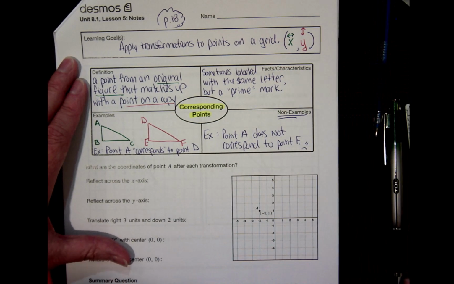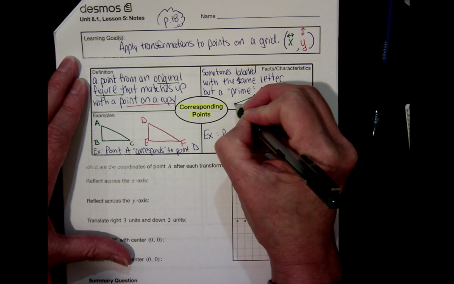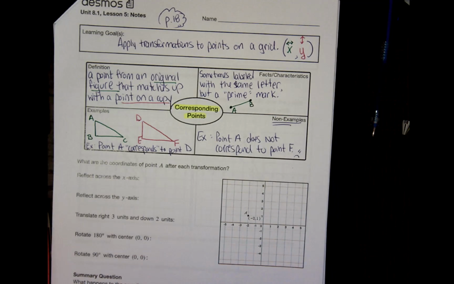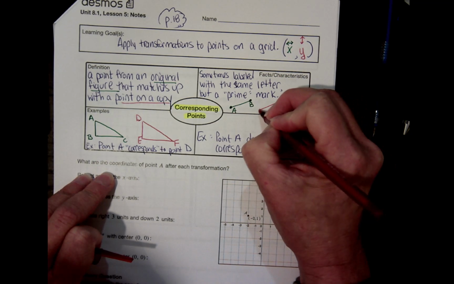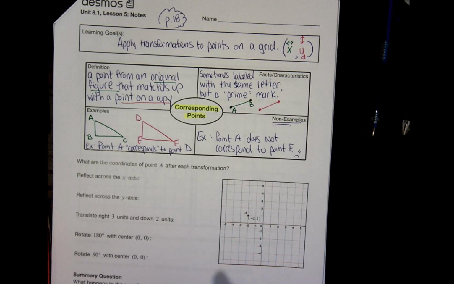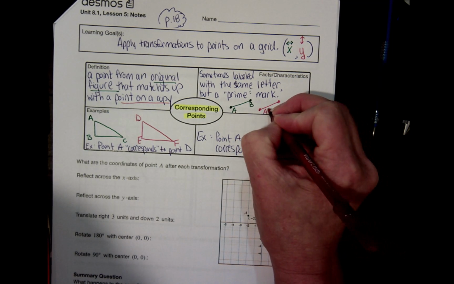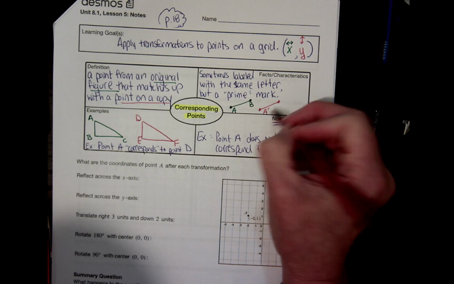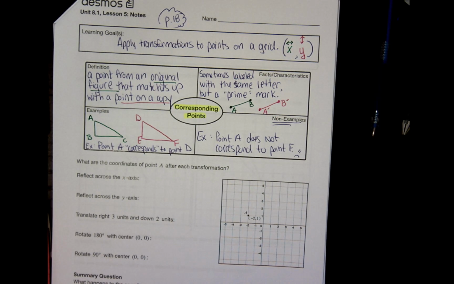So let me just draw a segment this time. I'll call this segment AB. And I'm just going to translate it. Slide it right over here. To show that this came from segment AB, I might call this A again, but I'm going to give it a little prime to indicate it's not the same A as before. So A prime and B prime might be labeled instead of completely new letters.